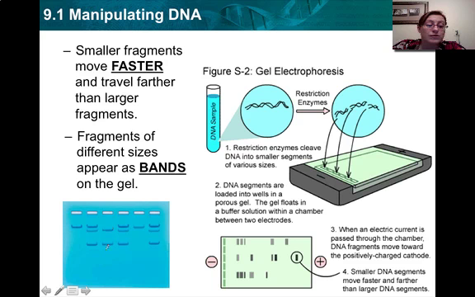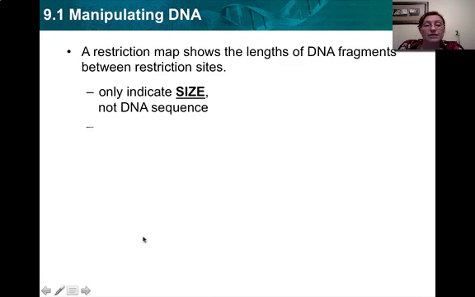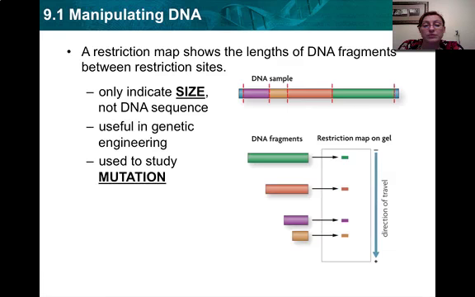So if these are my known fragments, and then, let's say this is individual 1, individual 2, and individual 3 from a family, we would say, well, no one in the family has the mutation for cystic fibrosis, but person number 2 here has a mutation that is different from the normal. It might not be cystic fibrosis, it might be something else. So we can use that to compare sequences and make predictions about mutations.